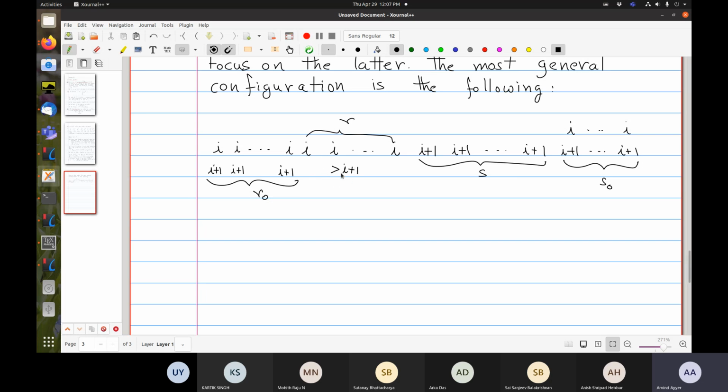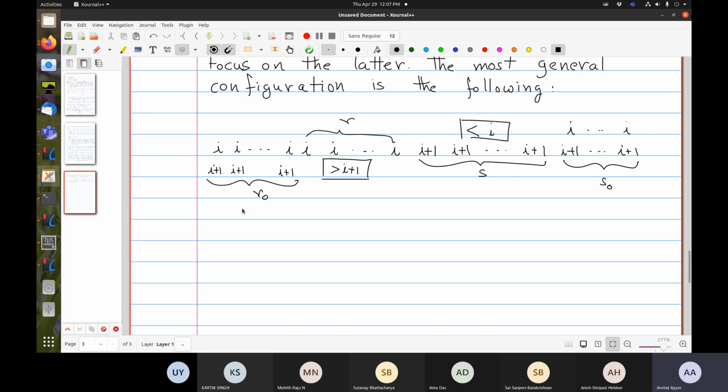Whatever you have over here cannot be equal to I plus 1, because then it's subsumed here, and so this is the maximal such block. And whatever is here is strictly less than I, by the same argument.